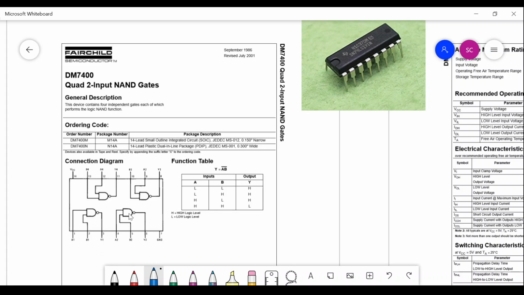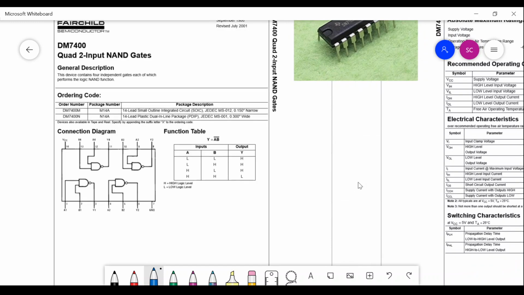So in that way you can form circuits using these IC chips on something called a breadboard. So you will do all these things when you are doing the actual experiment.